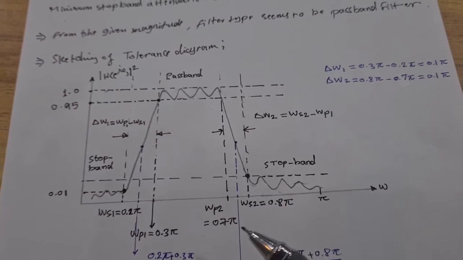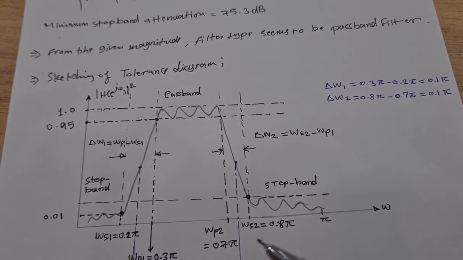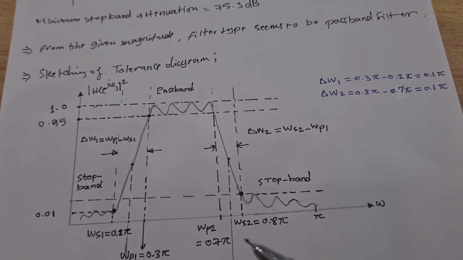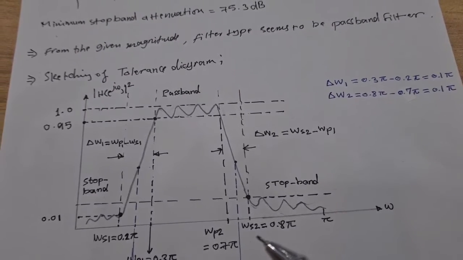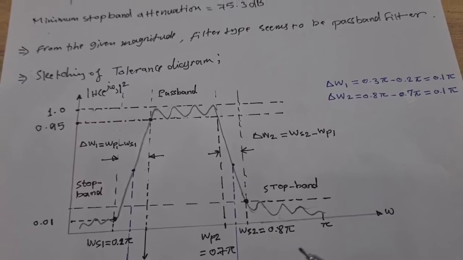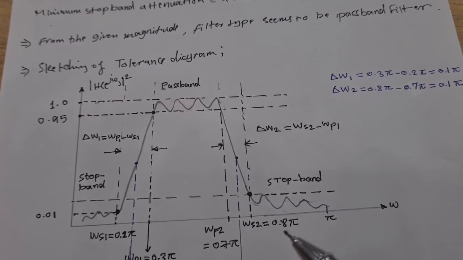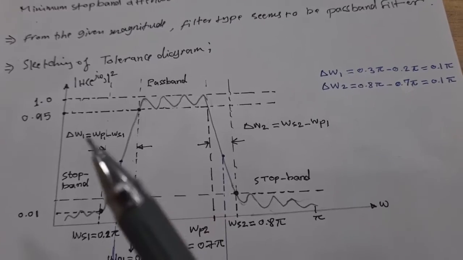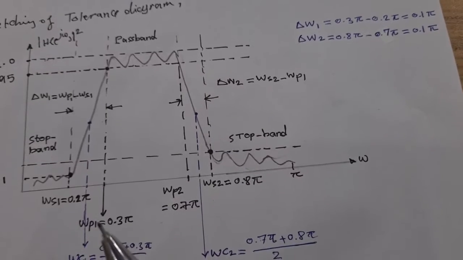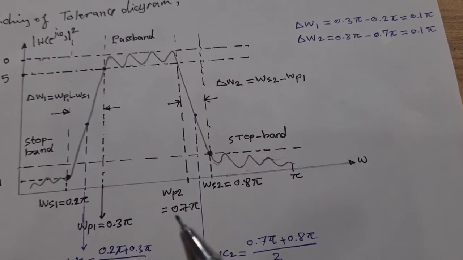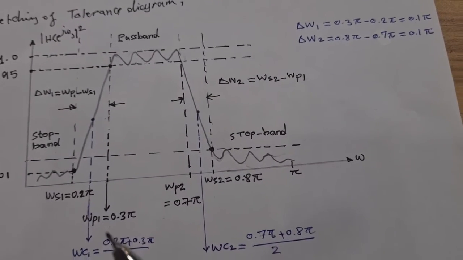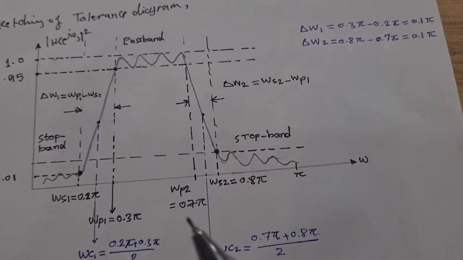Also, we have ωS2, which is a stopband for the frequencies outside the upper cutoff frequency, ωS2, which is equal to 0.8π. For the passband region, we have two frequencies. The first is WP1 and the second is WP2. WP1 refers to pass frequency number 1, the lower frequency, and WP2 is the upper frequency.